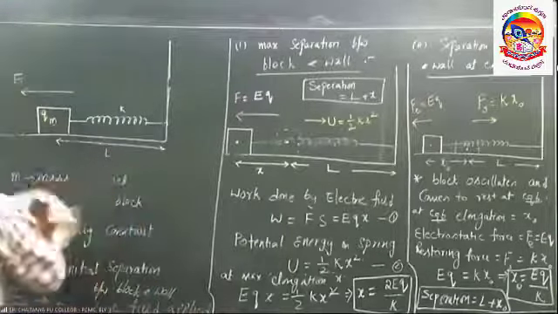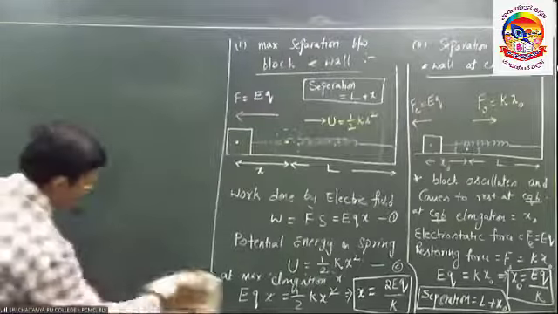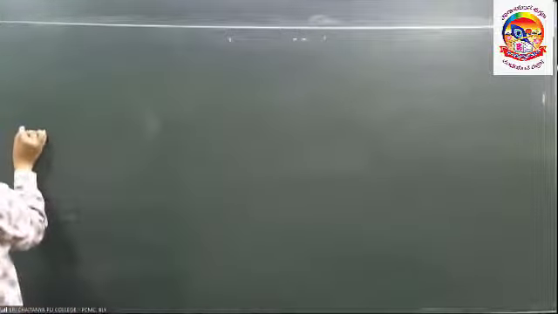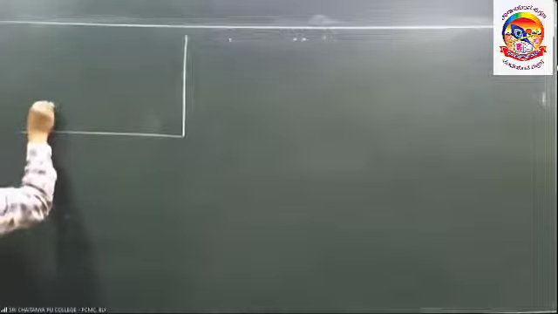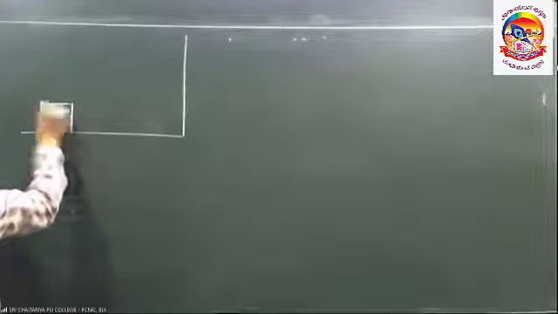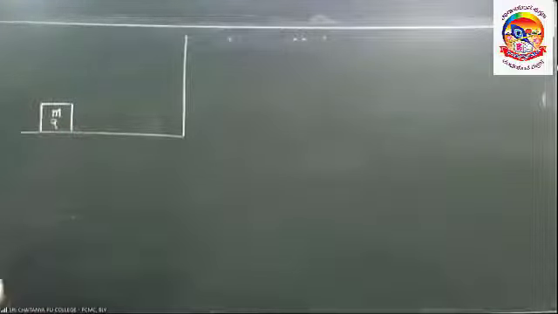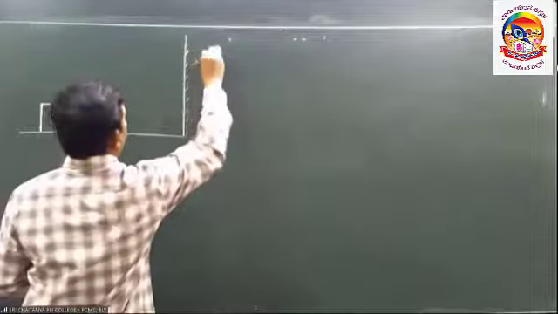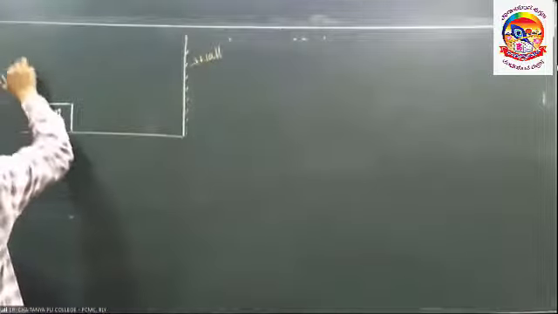Well, next question. One question is like this. There is a block of mass M, charge Q. This is the wall.